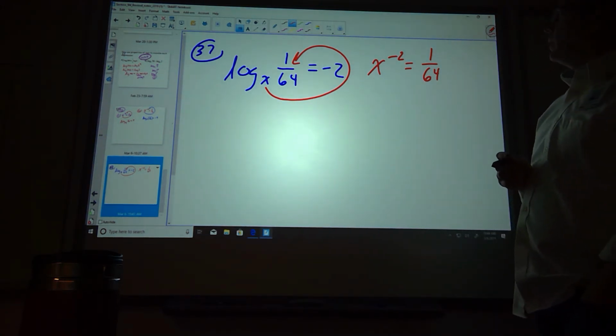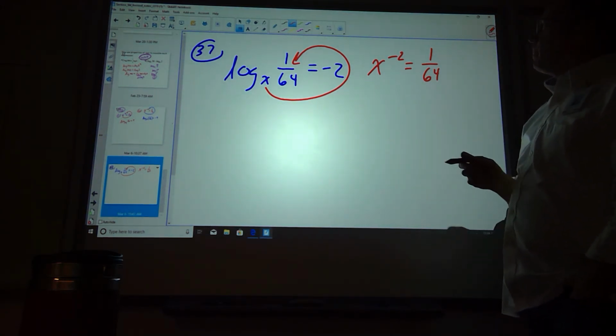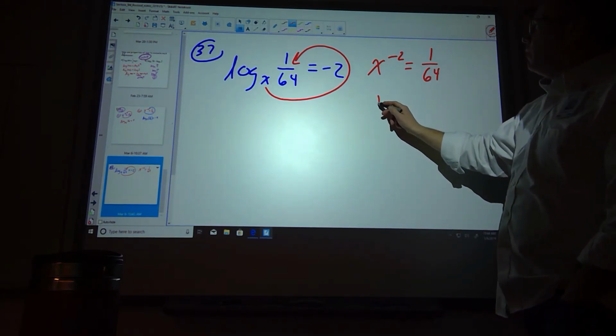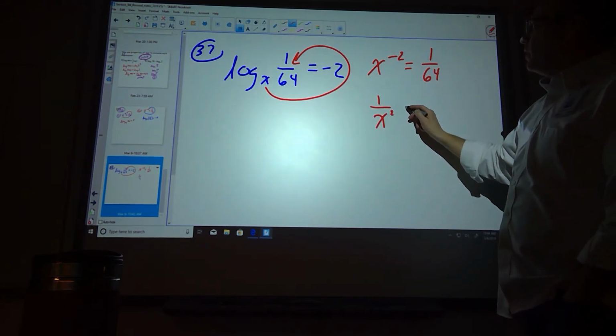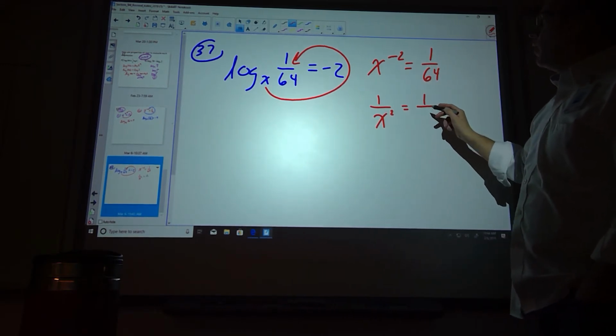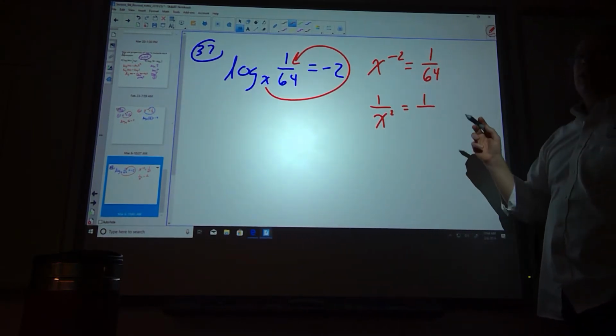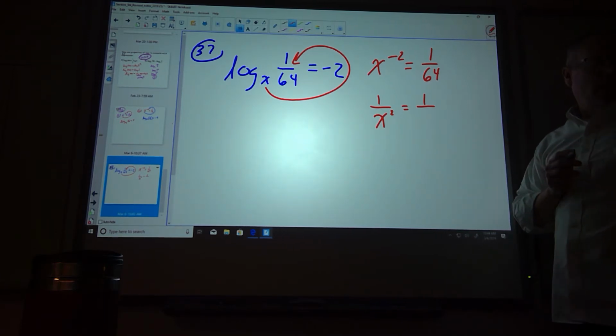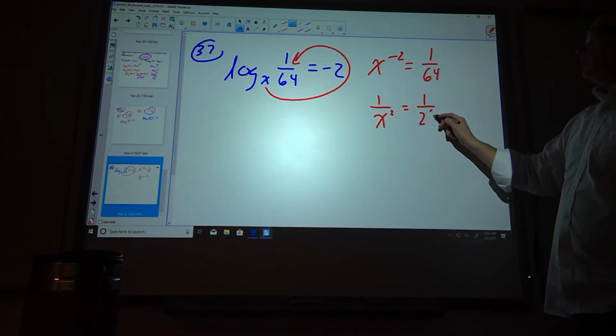Is that okay so far? 8. So I'm going to make that 1 over x squared equals 1 over, what can I do to 64 to put it as a squared term? So you said 8? Yeah. 8 squared is 64, right? Yeah. 2 to the 6th is also, so would 2 to the 6th work here?